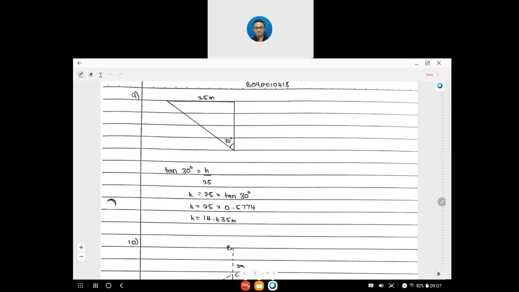So awak punya diagram ni salah ni. Okay. Because you want to find the height. Supposedly you punya ni macam ni. Okay, 30 degree here. 25 is here.